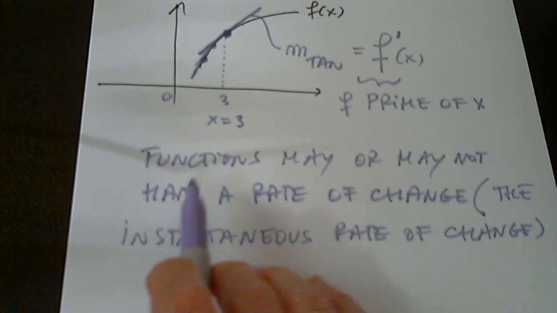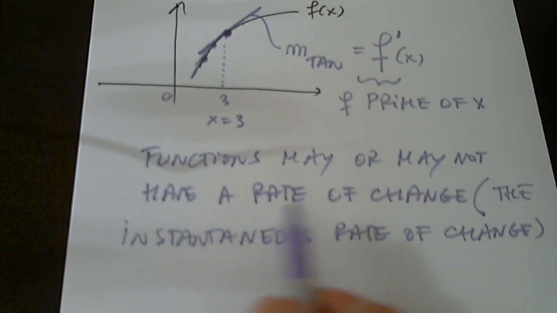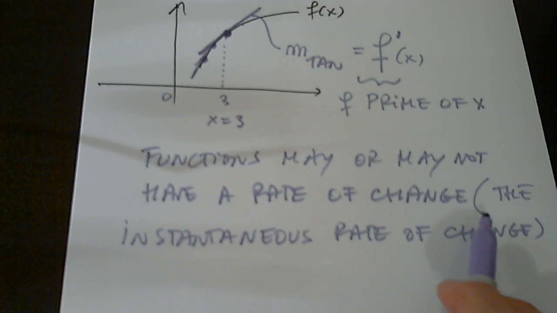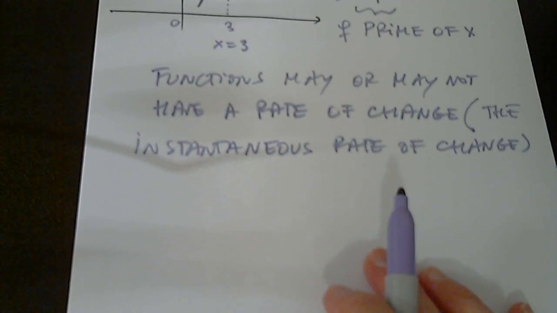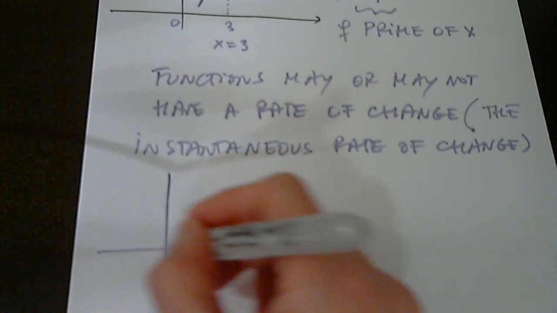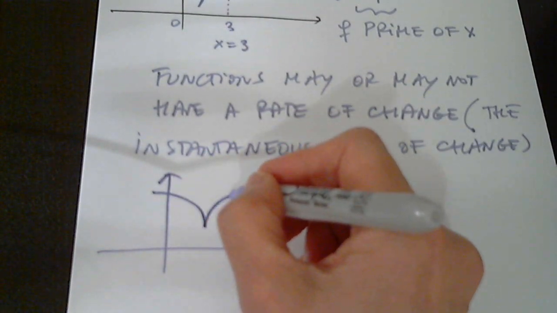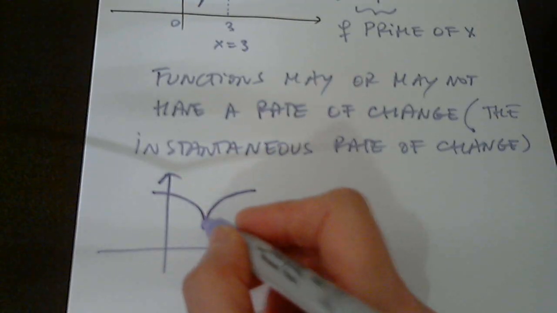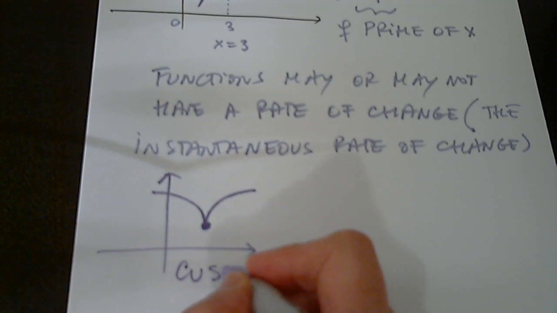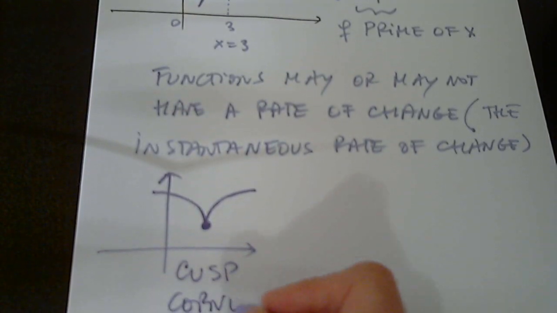When I say that functions may or may not have a rate of change, what do I mean? Here's what I mean. At this point, it's called the cusp or corner.